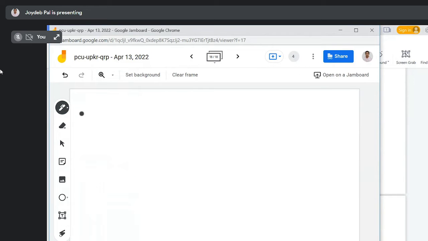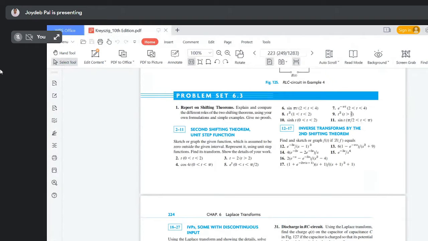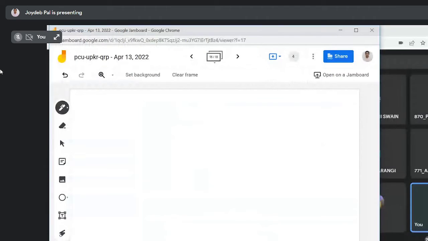So I am showing a first problem. Better to show problem number 4, cos 4t in the interval 0 to pi.